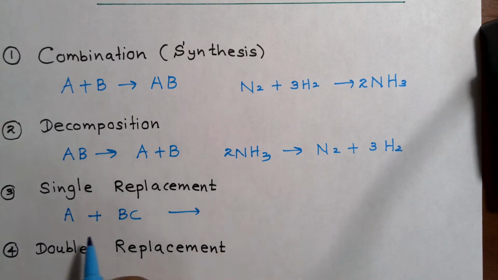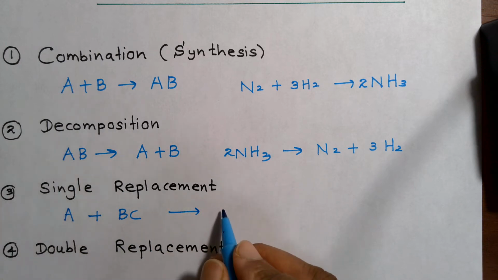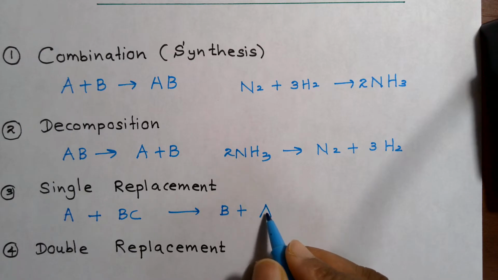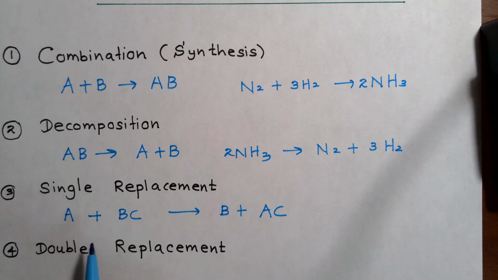So A comes and replaces B and joins with C, so the new products are B plus AC. This is the general format for the single replacement reaction. Element A replaces B and joins with C.